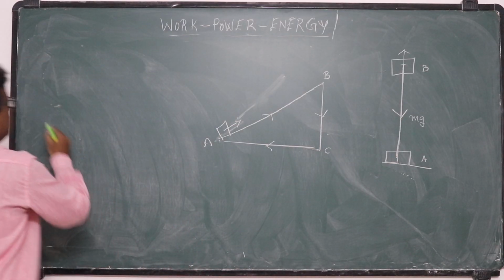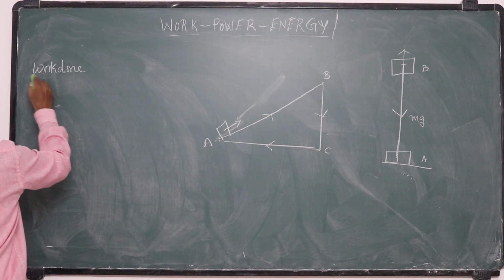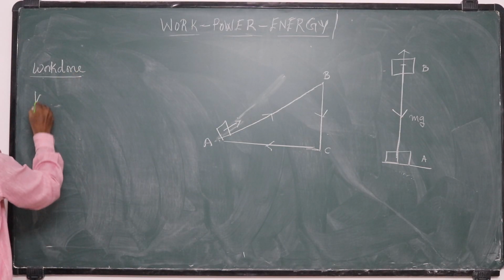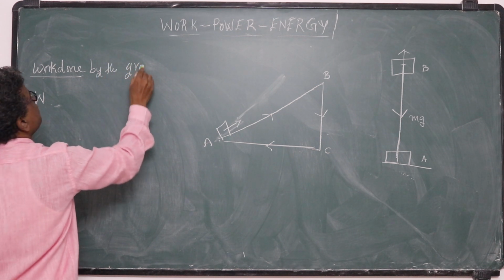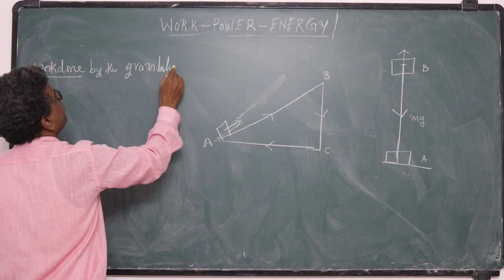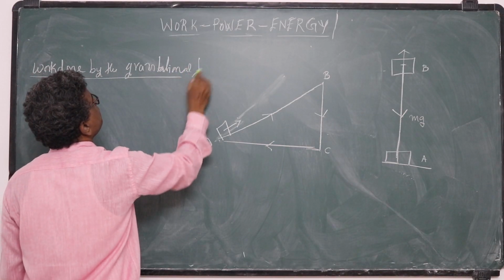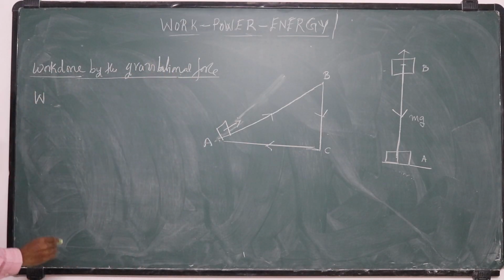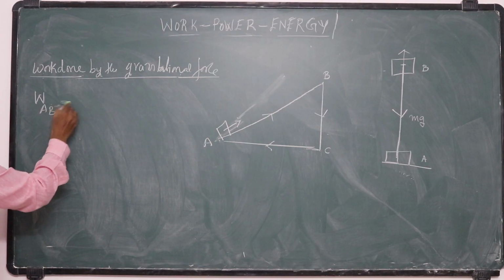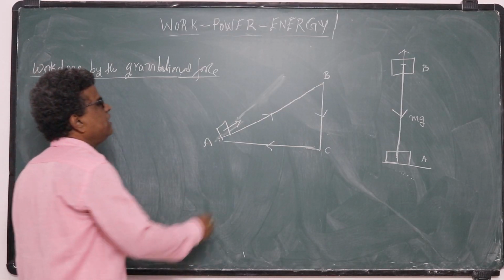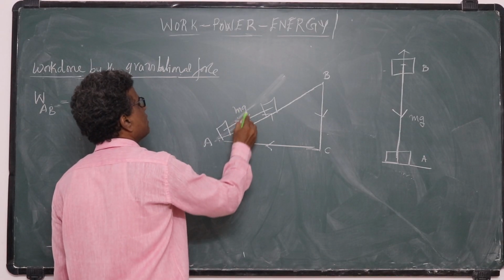So find work done to move A to B by the gravitational force. When the object is lifting like this, gravitational force is acting down.